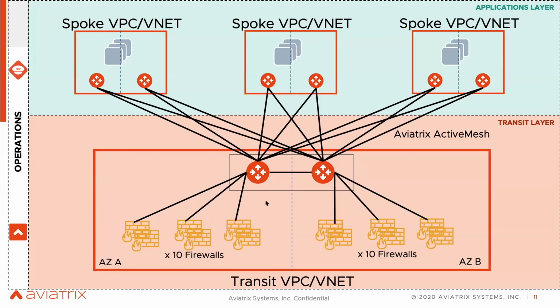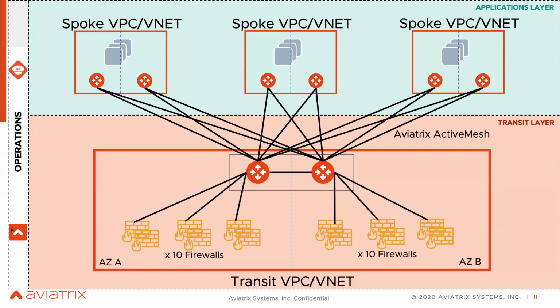And what you see here is that we make sure that these are highly available, right? And we give you the scale up and scale out option. So you can deploy, for example, 10 firewalls per AZ here. And if you want to deploy higher throughput firewalls, you can actually scale up. That's not a problem.